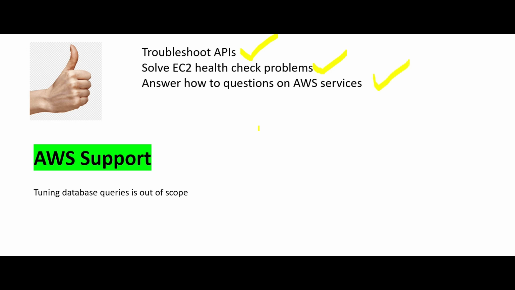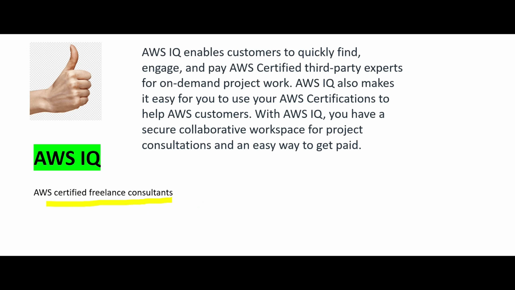Suppose you use RDS, how can I use Redshift, and such how-to questions it will answer. But it will not help you with tuning your database queries. That is your work. Okay, that is your work. If you are not able to do it, hire an expert from AWS IQ. Those freelancers will work for you.